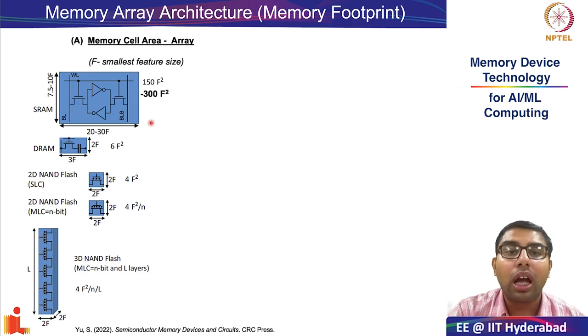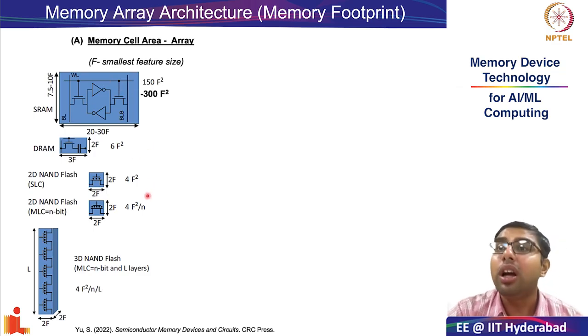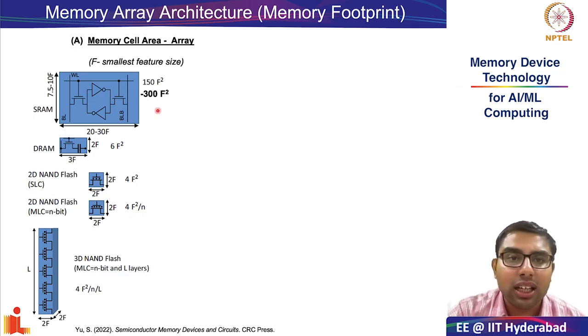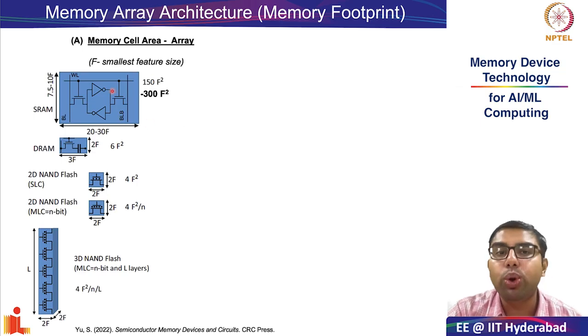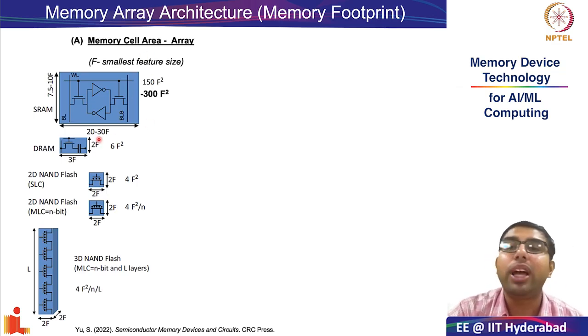So we saw how there is a drastic improvement in the bit density and therefore the memory footprint from the SRAM to the DRAM to the NAND flash and even 3D multi-level NAND flash. Intuitively, one may guess that the footprint of a NAND flash will be much better compared to the SRAM cell, and DRAM will be somewhere in between.